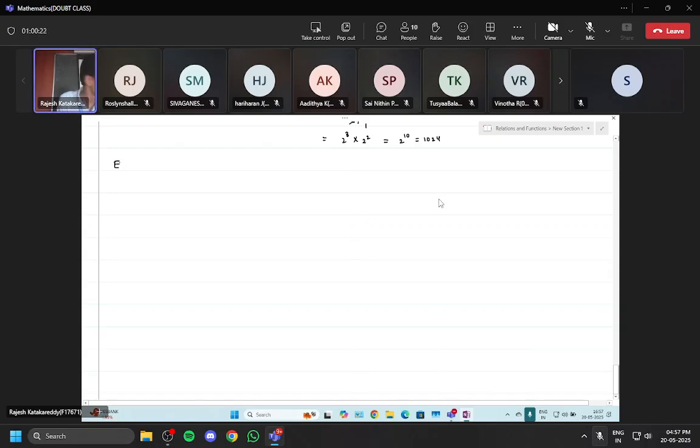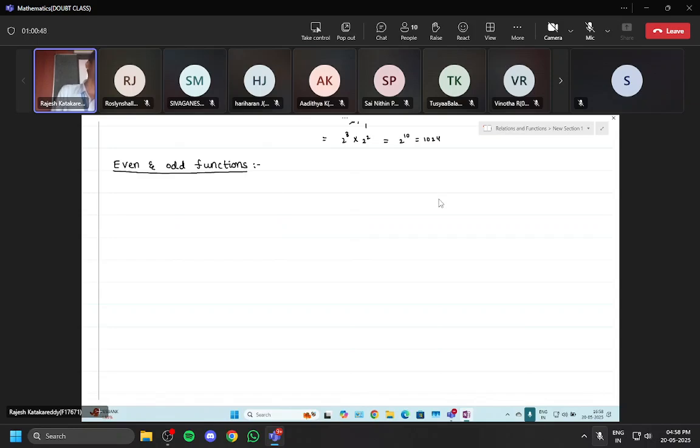See, in types of functions, we have seen that if a function is not one-one, it is many-one. If it is not onto, it is into.